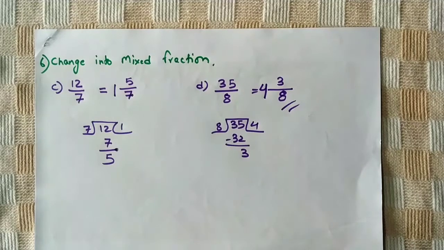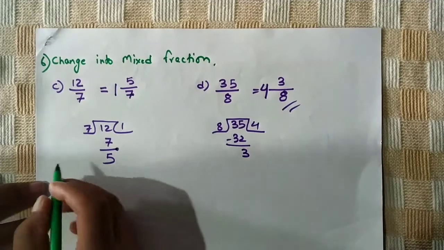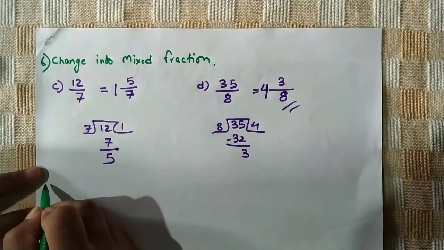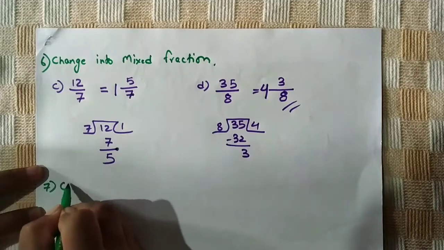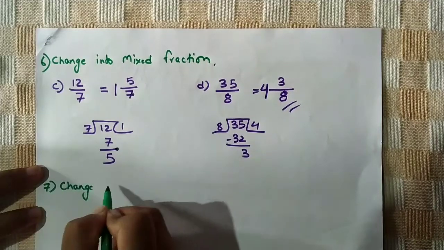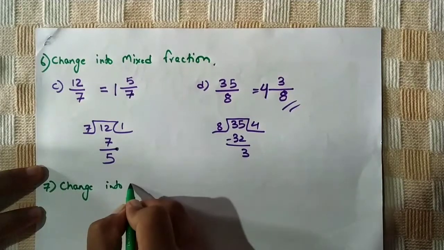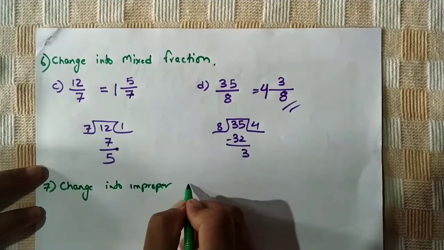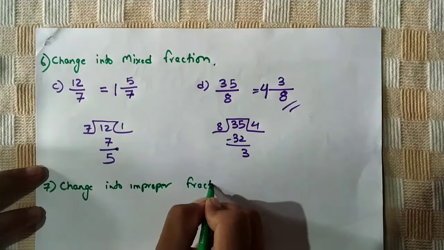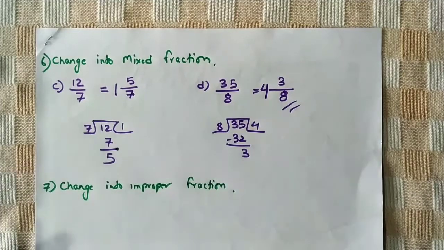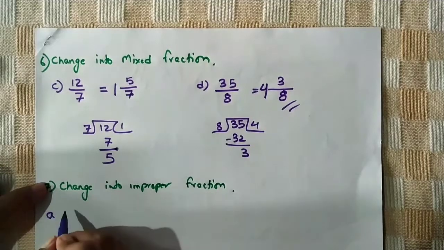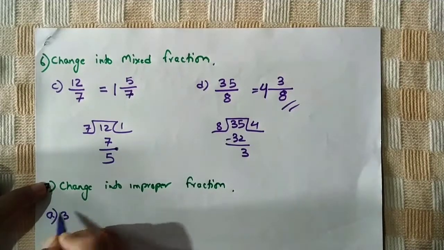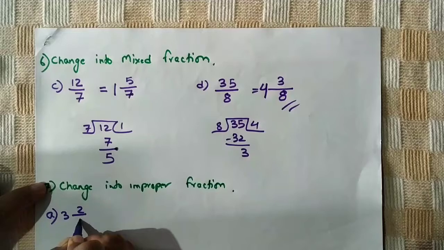Now another one is change into improper fraction. Okay. Number 7, change into improper fraction. Let's take number A, that is 3 whole 2 by 3.